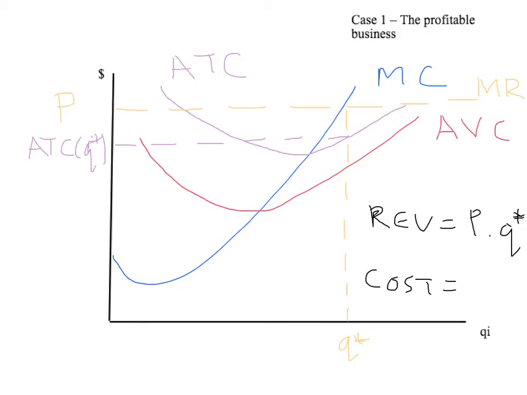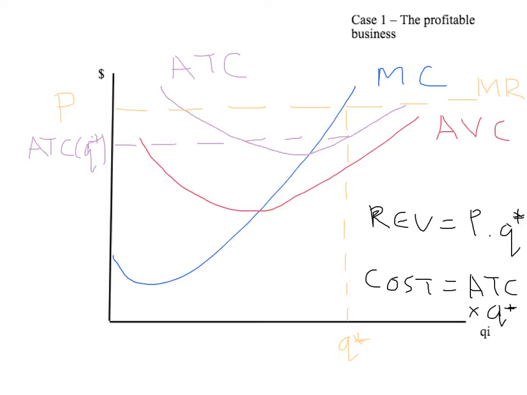That's pretty terrible writing, but you can see it. So what's going to be the cost for this firm? Well, it's going to be average total cost times quantity, that rectangle there, the smaller rectangle. So cost is going to be average total cost times Q star.